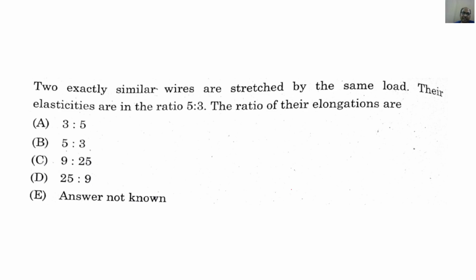So basic steps and everything I have already clarified in my videos, that is TNPSC part 1, part 2. So these questions also I have already solved, and for this question, I can say that the ratio of their elongations, delta L1 by delta L2, will become E2 by E1.